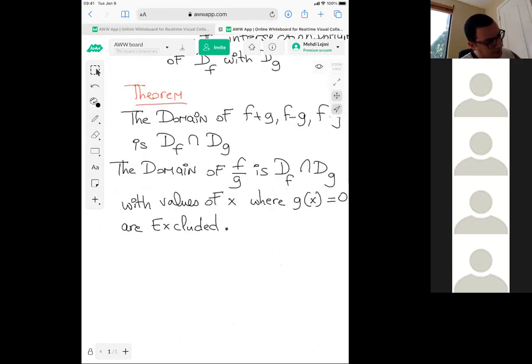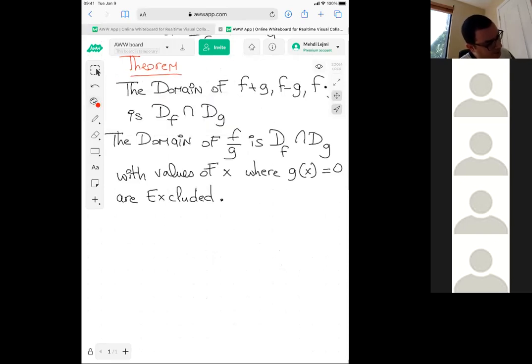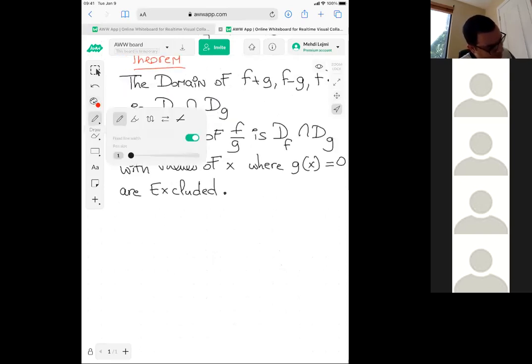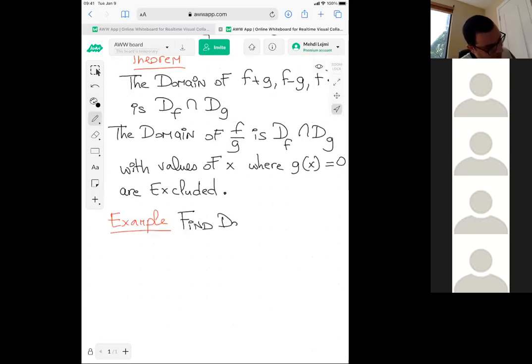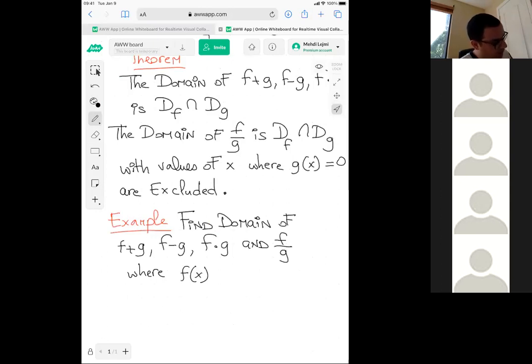Let's say you want to find the domain of f plus g, f minus g, f times g, and f over g, where f of x is the square root of 2 minus x, right?